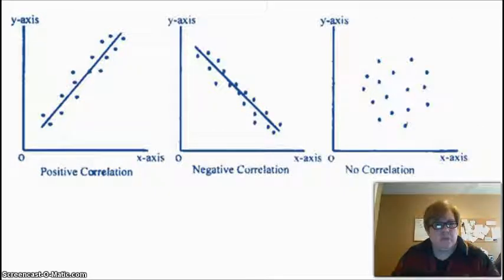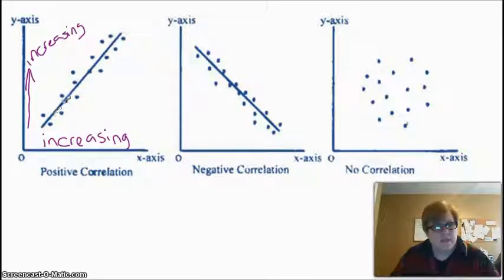So in this first picture, we are increasing along our x, and we are also increasing along the y. Right? So we're increasing. And we know this because each of our points is getting a little bit higher. It's not perfect, right?